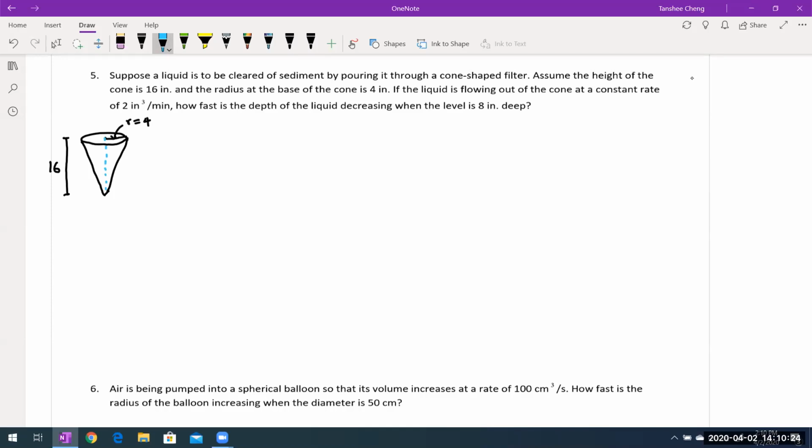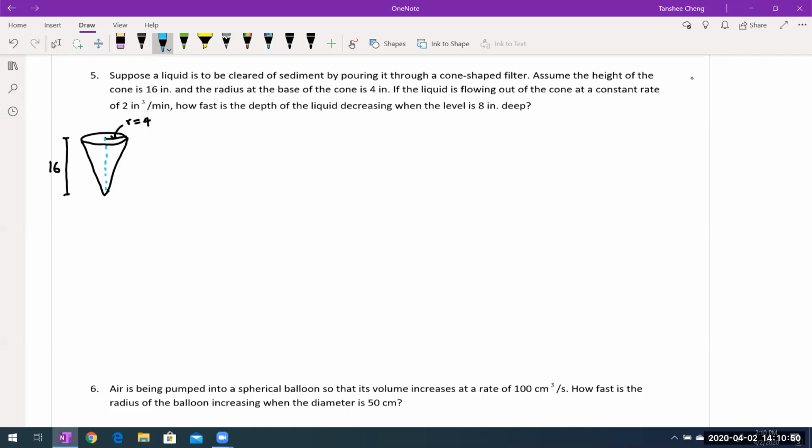So that's basically saying that, hey, here's the height, right? And this height, 16 feet, is always going to be changing since the liquid is pouring out. But what we are interested in is at a depth of 8 feet height, 8 inches deep, and how fast the depth of the liquid is decreasing.